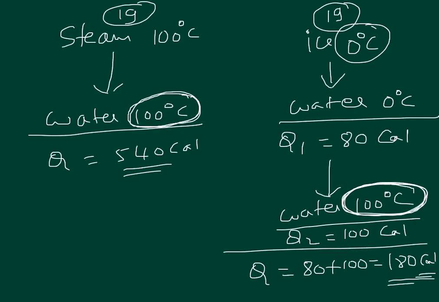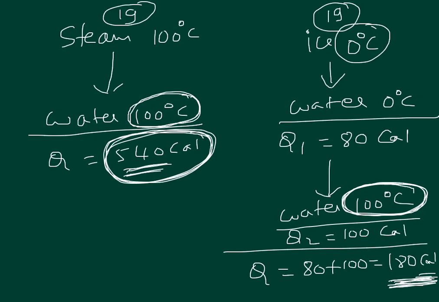Only 180 calories. Even if they are ready to give 540, we are not ready to take more. Just think like this: we need 180 rupees and they are ready to give 540. Why would we take more? We need 180 to become equal with them, so we will take only 180.